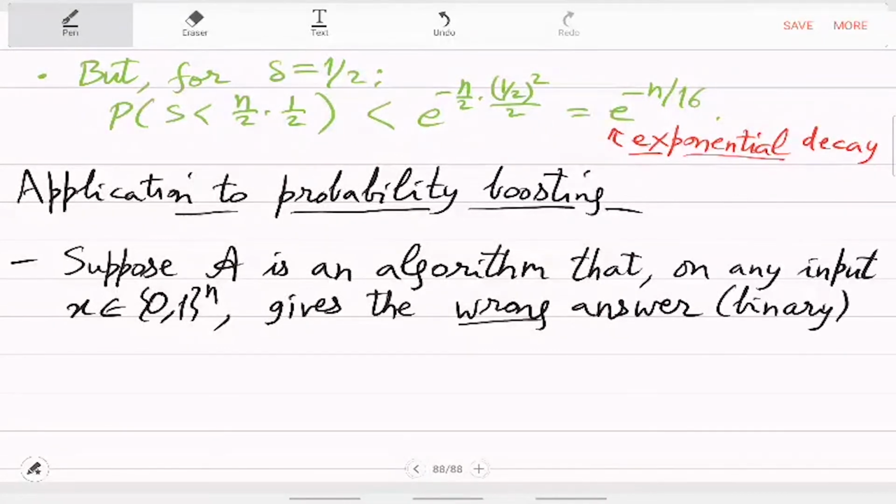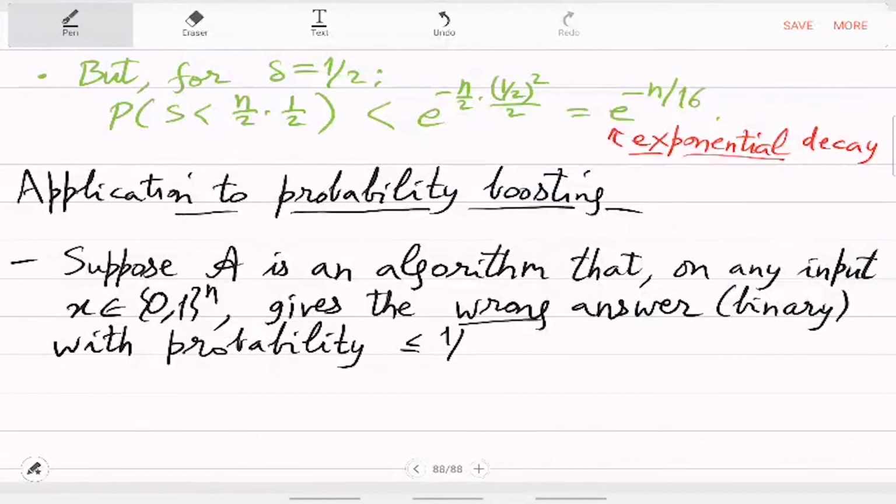So the algorithm will only say yes or no, but it will give the wrong answer with some probability, let's say 1/3. Okay, that's the error probability P.